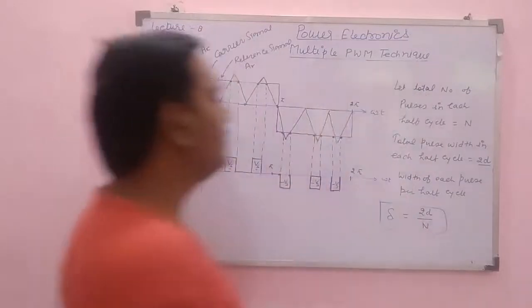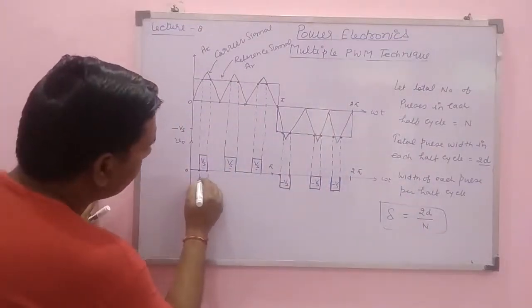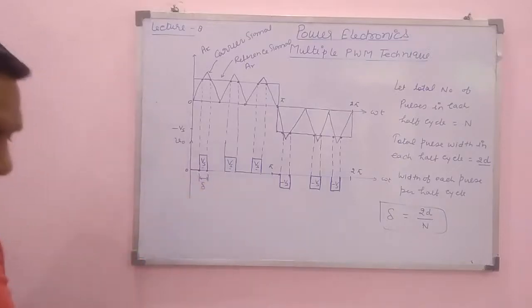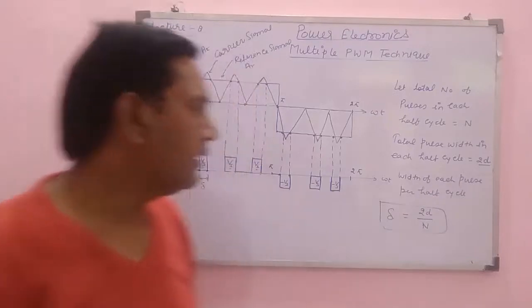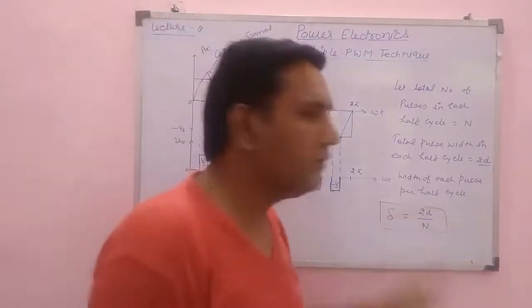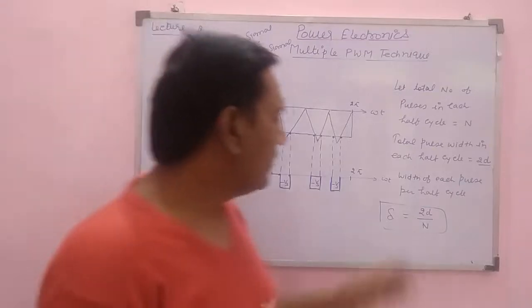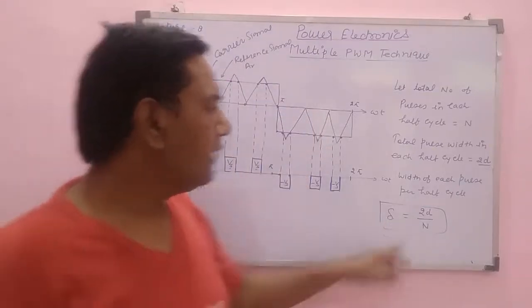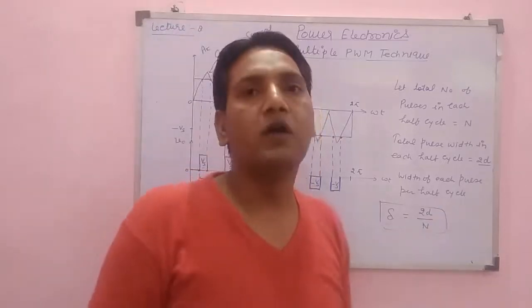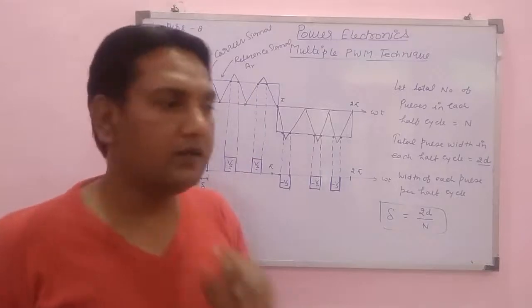So delta is nothing but the width of one pulse. Keep in mind, delta is the width of each pulse per half cycle, equal to 2d divided by n. Okay. So in this way we can calculate the width of one pulse. Now we have to see how we can determine the value of the number of pulses in each half cycle.